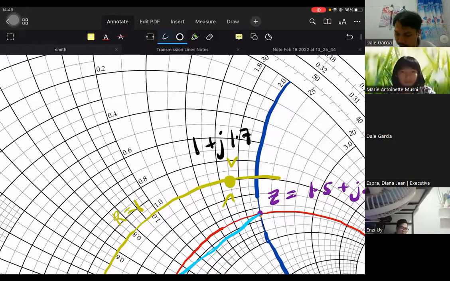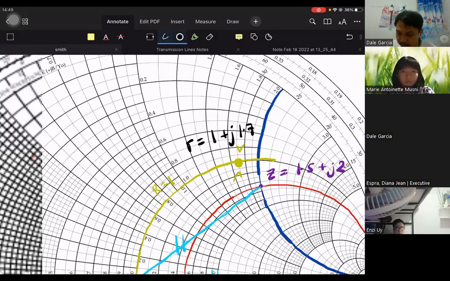Let's call this point R. So the distance from Y to R is the answer to letter B, distance of stub from load.